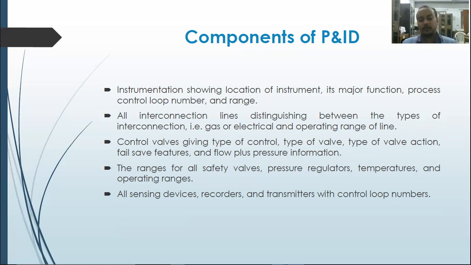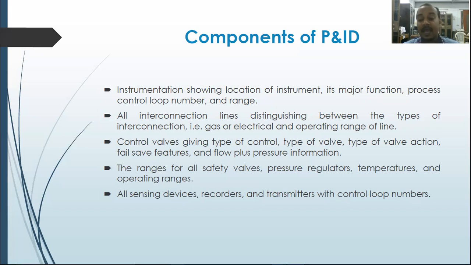So different types of information I can gather from only his roll number. Here also it is the same thing. From a control loop number, we can identify which type of loop it is: a temperature control loop, a pressure control loop, a level control loop, or different types of loops.